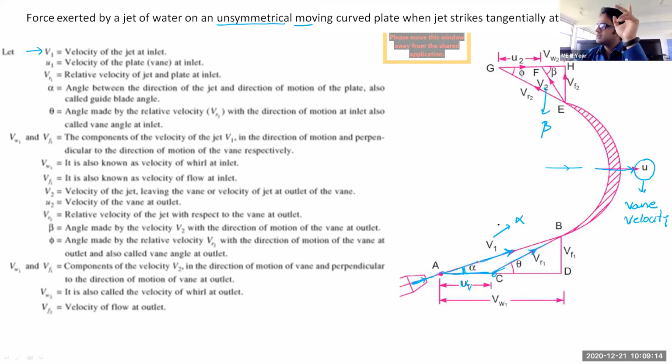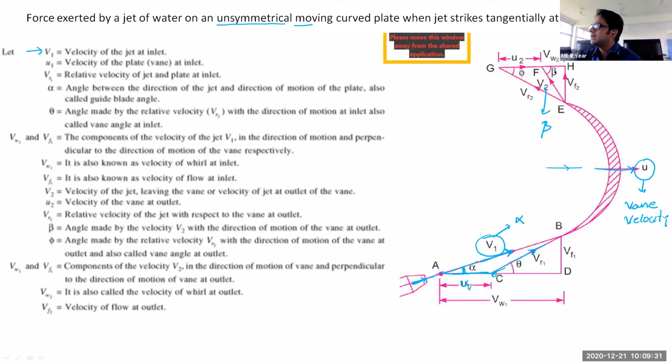Because students many times write theta here and alpha there. So always remember it will start with V1. The topmost line at the inlet will start with V1, and the angle it makes with V1 is your alpha.